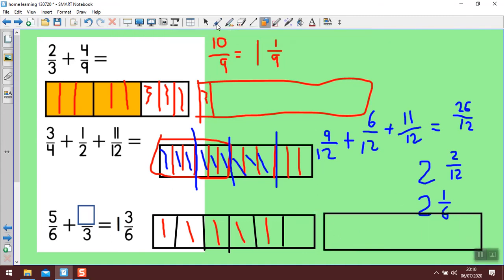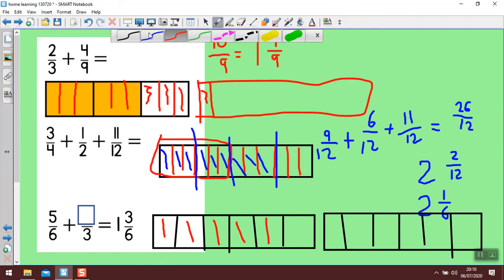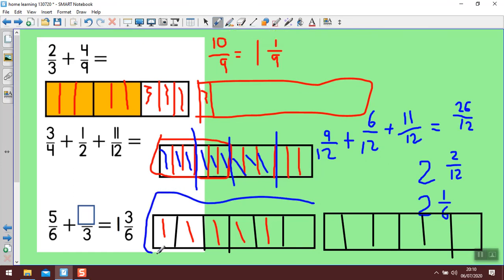It's exactly the same. So this is 1 and this is my 3 sixths. So 5 sixths add what makes 1 and 3 sixths? It's going to be 4 sixths.